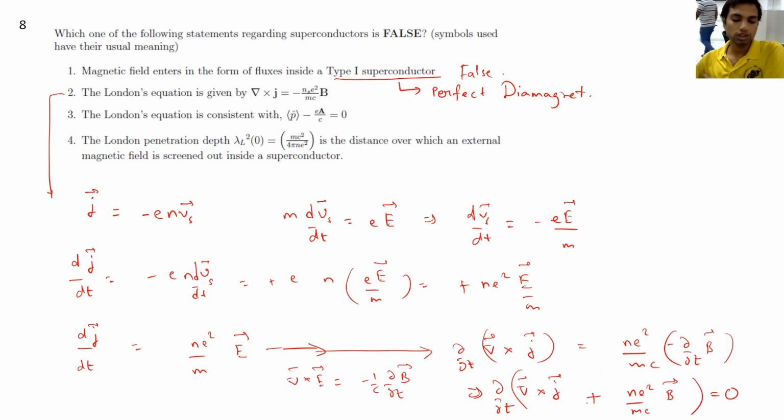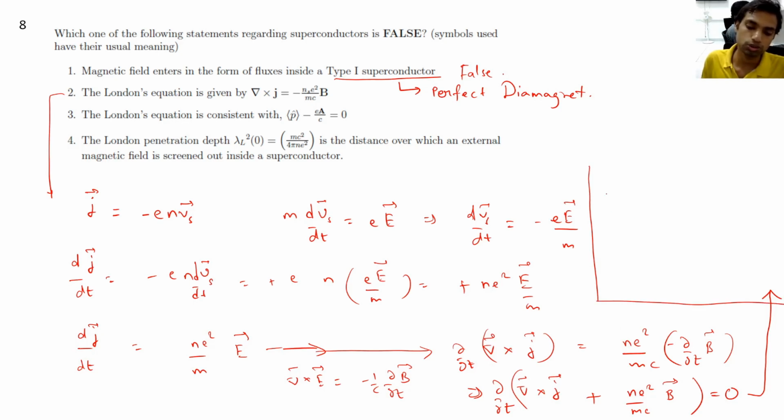So for the London's equation, what it means is that the curl of J plus n e square over mc times B has to be a constant, and out of those many constants you have to choose that constant to be 0.